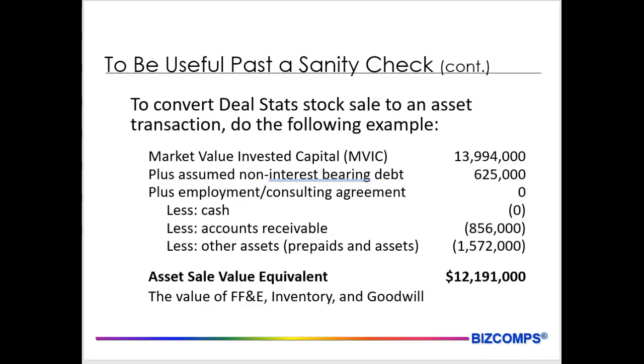And what's left is an asset sale value equivalent that can then be compared to BIZCOMPS asset value, which includes only furniture, fixtures, equipment, inventory, and goodwill. So that's the method of converting a deal stats stock sale transaction to an asset sale transaction, so you can compare asset sale transaction to asset sale transaction between the databases of deal stats and BIZCOMPS.